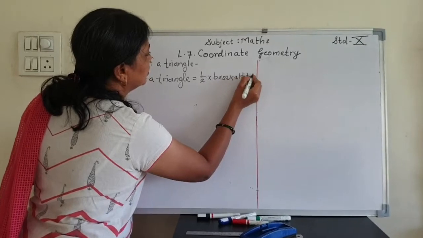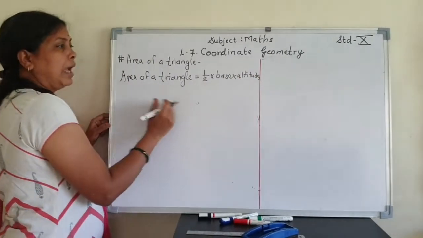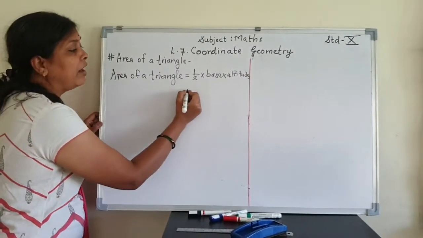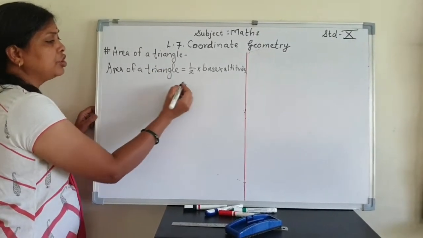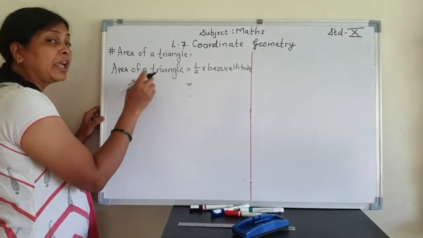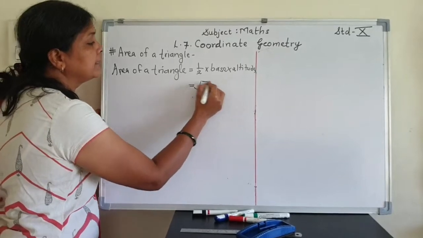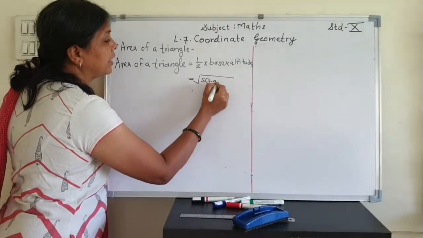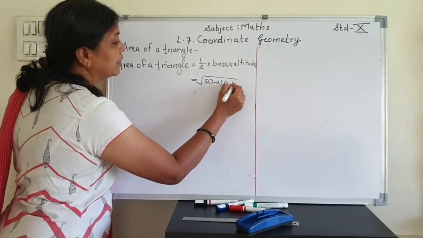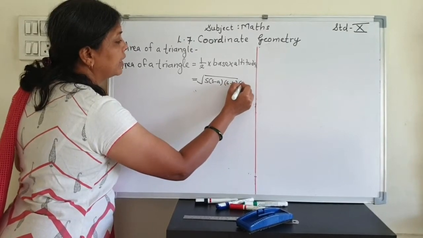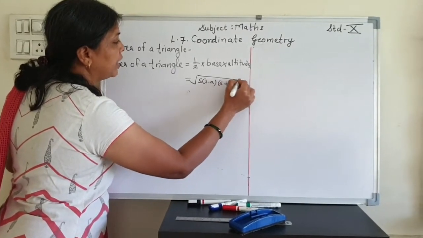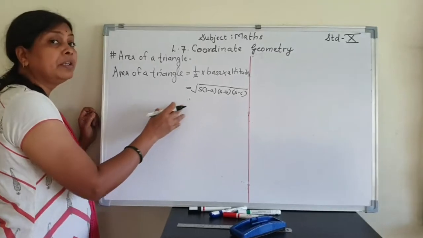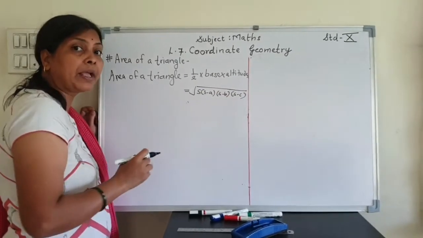And even in 9th standard you have learnt about Heron's formula, the area of a triangle by Heron's formula, which is the square root of S into (S minus A)(S minus B)(S minus C), where A, B and C are the 3 sides of the triangle.